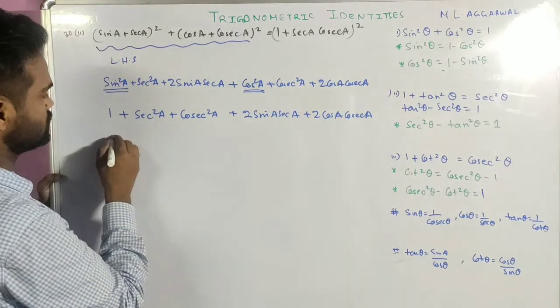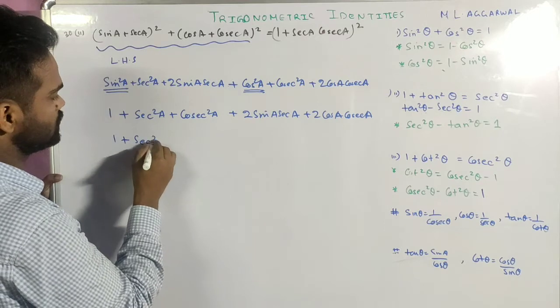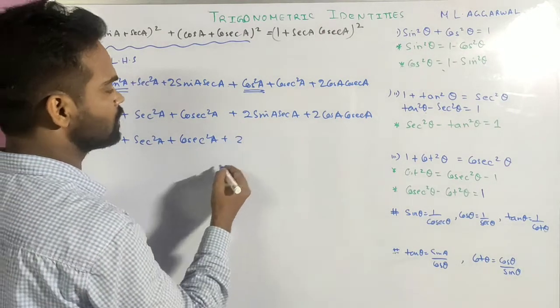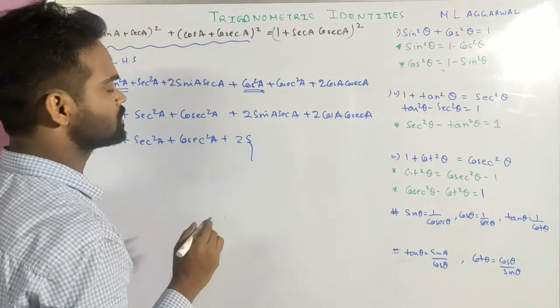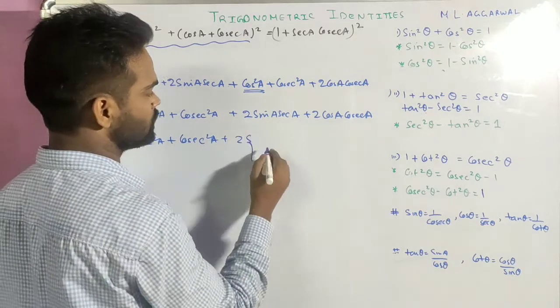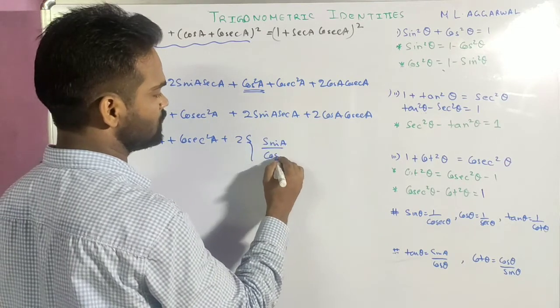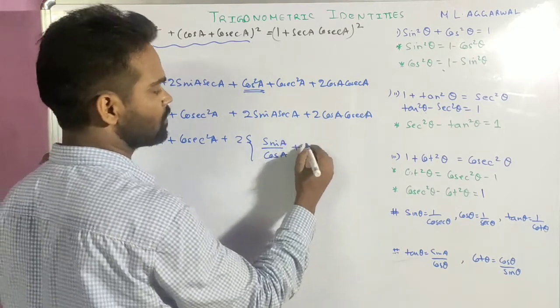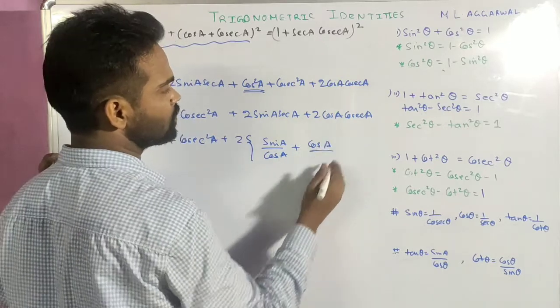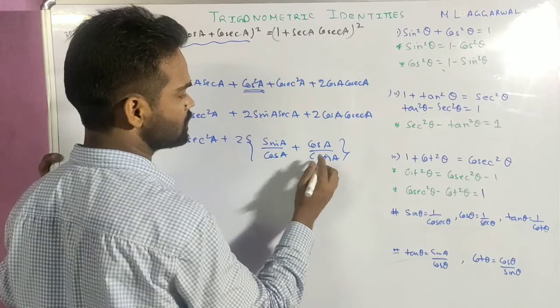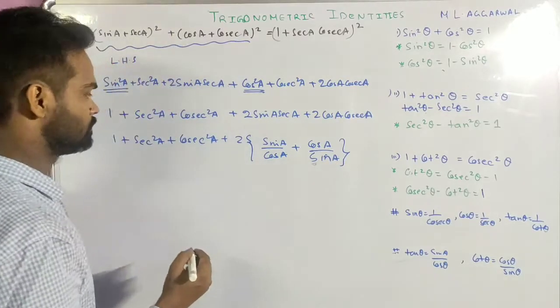So this becomes 1 plus sec square A plus cosec square A, 2 taken common. Now this can I write? This one sin A, sec A is 1 by cos A, plus cos A, cosec A is 1 by sin A. I can write like this. Isn't it?